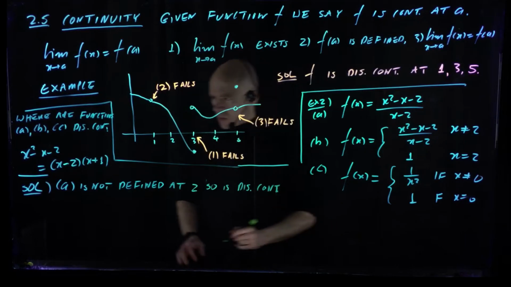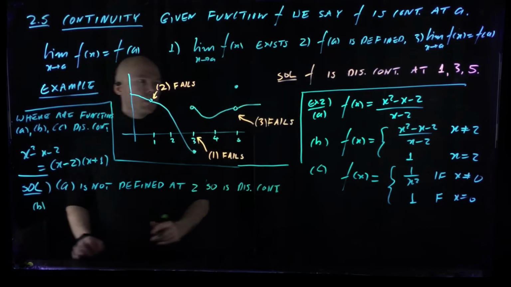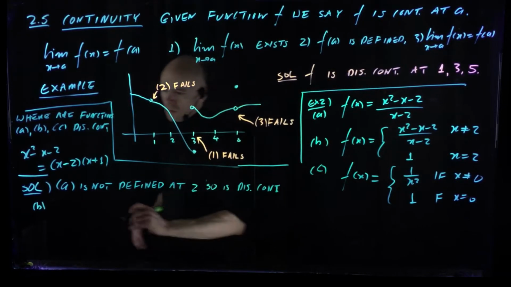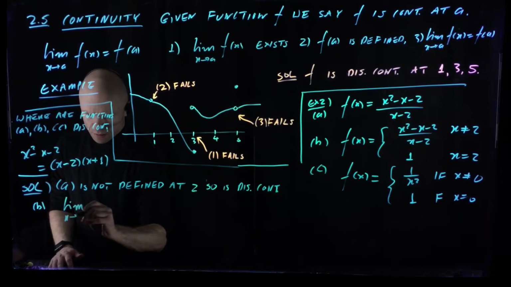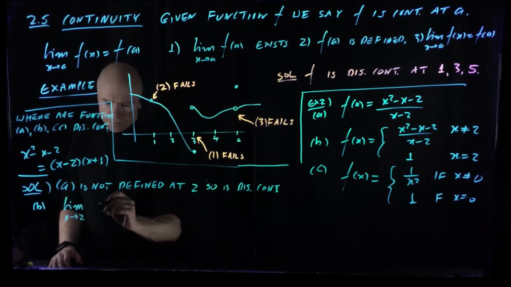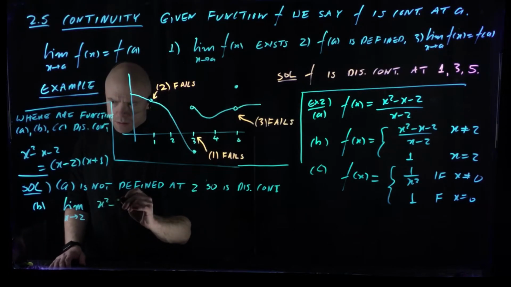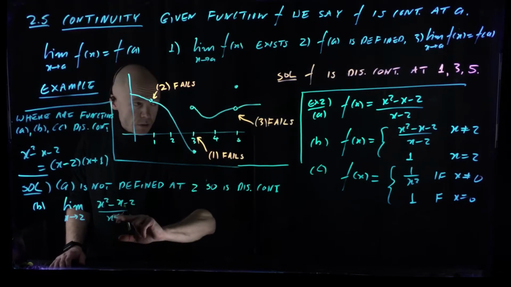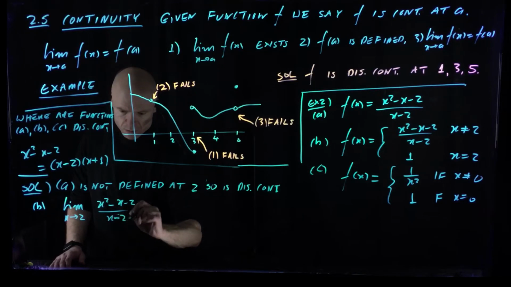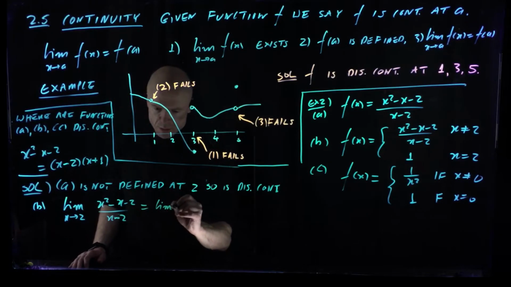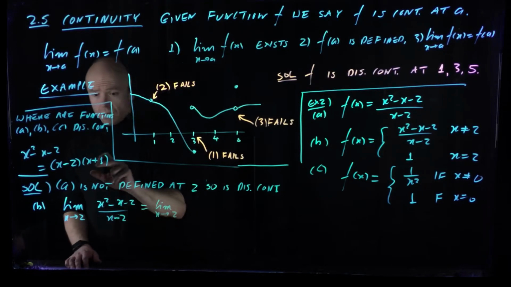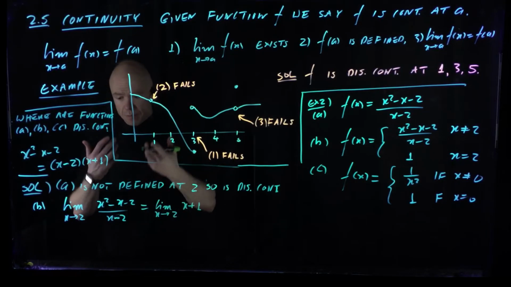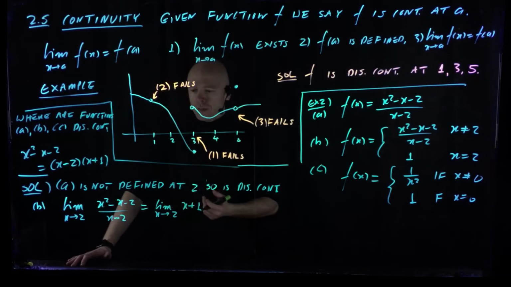Okay, what about B? Here it is defined at 2, right? But we know that the limit as x goes to 2 of x squared minus x minus 2 over x minus 2 is the same as the limit as x goes to 2 of just x plus 1, because the definition of limit means that we only care about x which is close to 2, but not actually equal to 2.